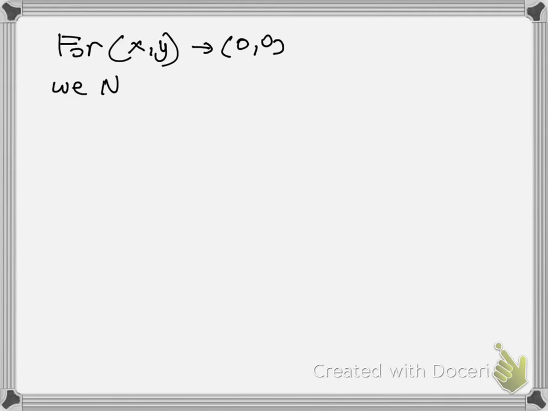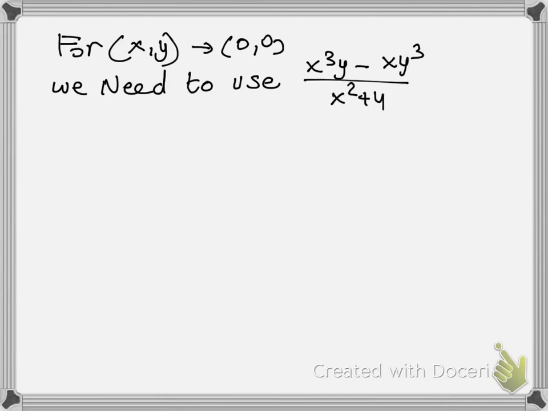So for x, y approaching 0, 0, we need to use x cubed y minus x y cubed over x squared plus y squared to compute partial f, partial x.